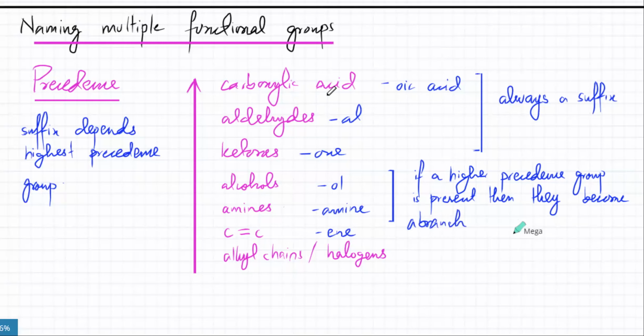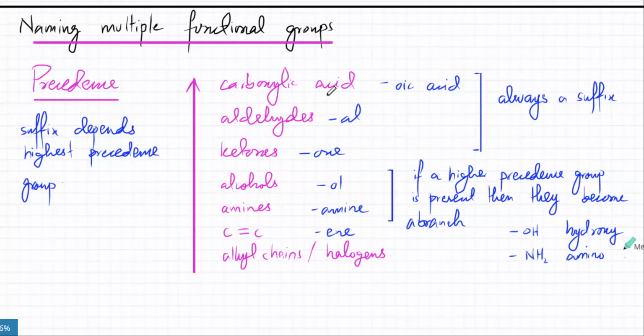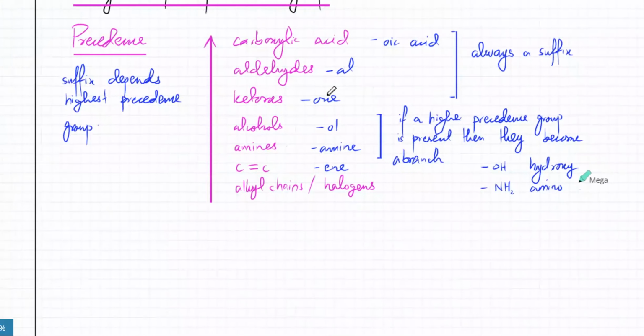So your OH group would be called a hydroxy branch. And your NH2 group, which is an amine, that would be called an amino group, just like in amino acids. So it would be called a hydroxy group or an amino group.